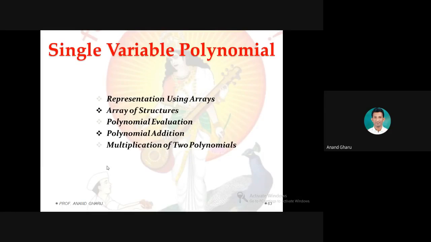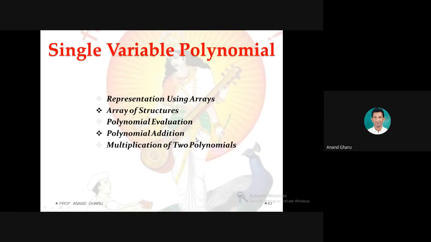Representation using array of structure, polynomial evaluation, polynomial addition, multiplication of two polynomials. These are the operations on the single variable polynomial. You can note down the points.